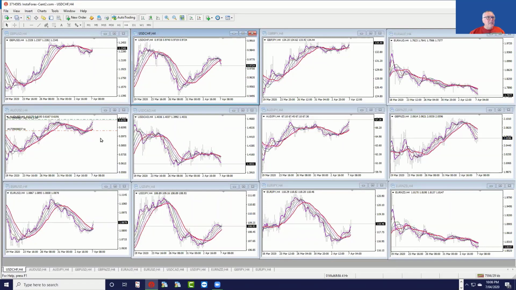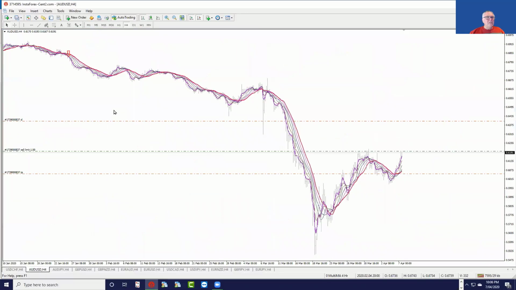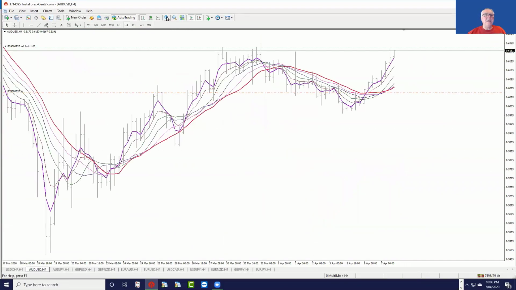Now, just a little refinement of the multiple moving average technique is that you'll find that the close of the candle or the close of the bar is a good indication of what's going on in the market.